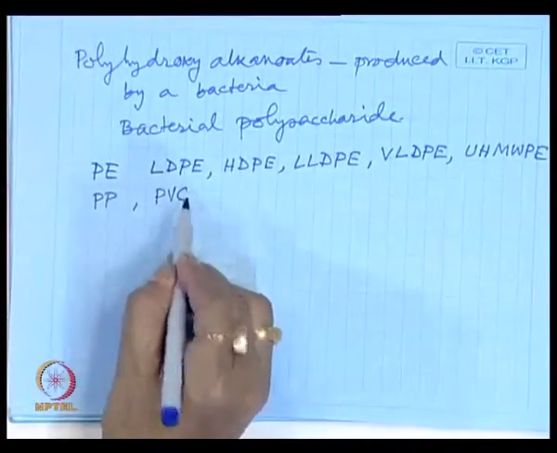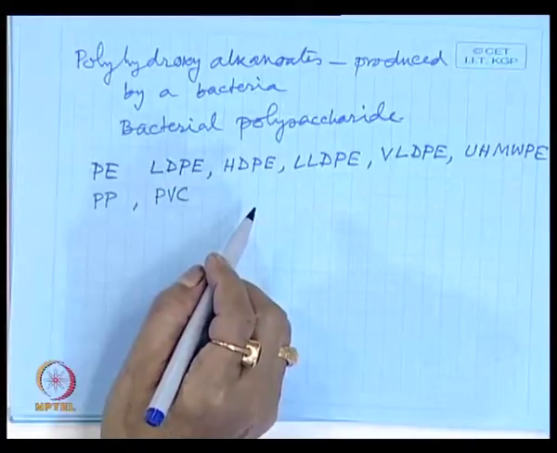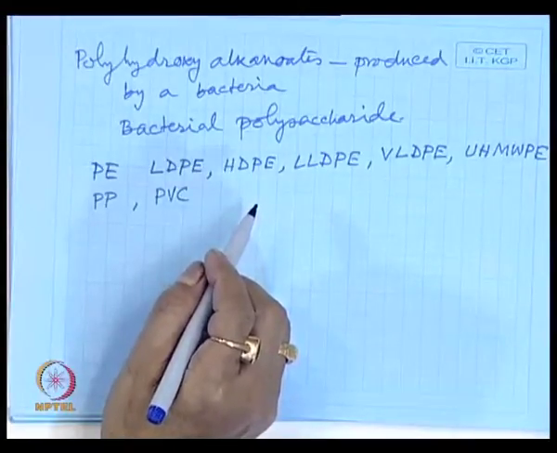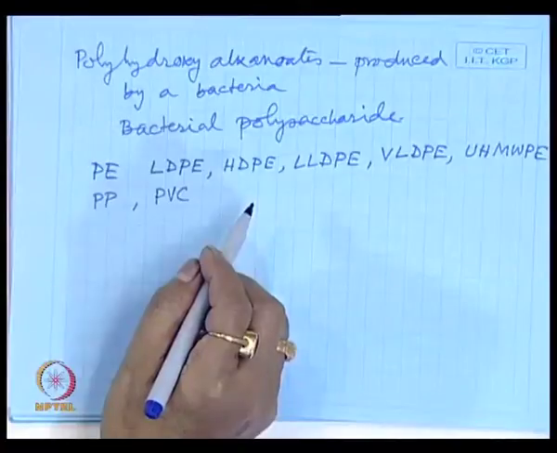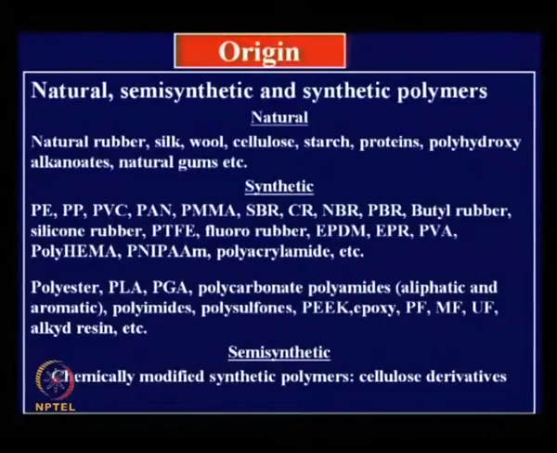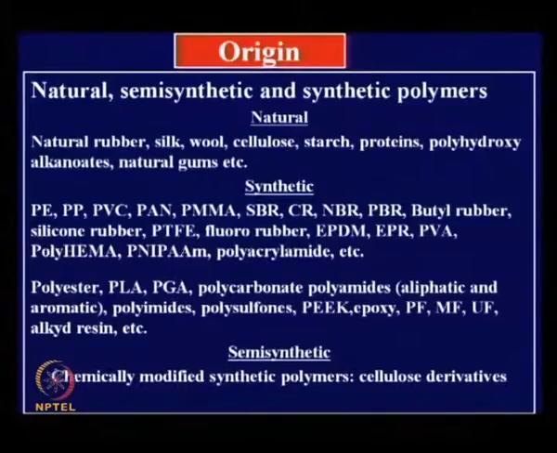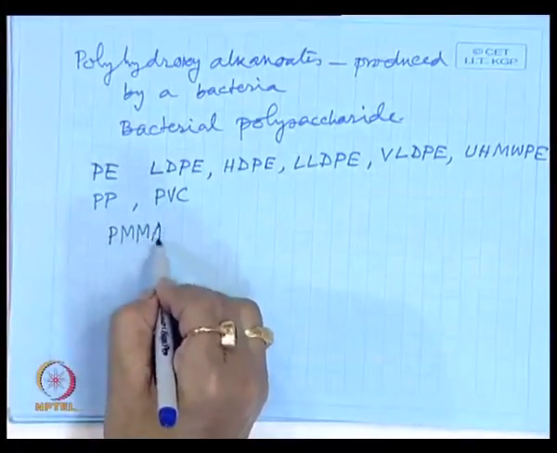PVC, polyvinyl chloride, a synthetic polymer made from vinyl chloride monomer. PAN, polyacrylonitrile. You have to be acquainted with these abbreviations of these polymers. PMMA, polymethyl methacrylate. How to write the structure of PMMA?